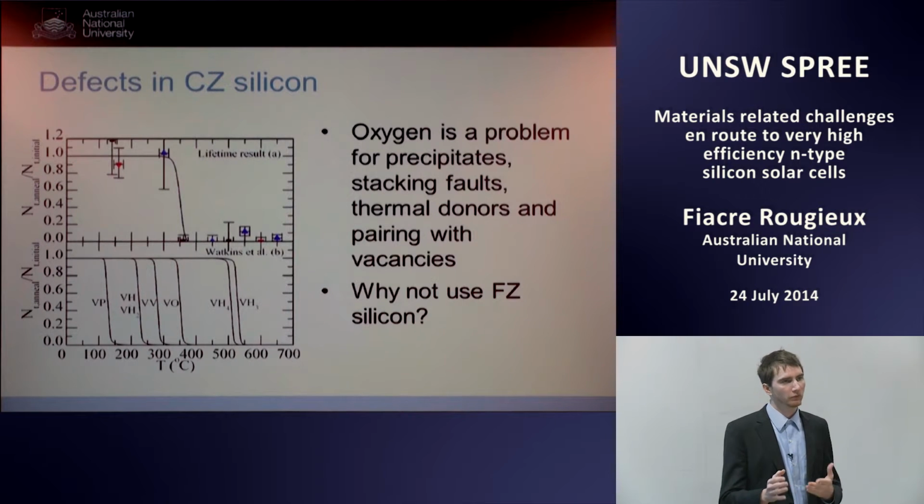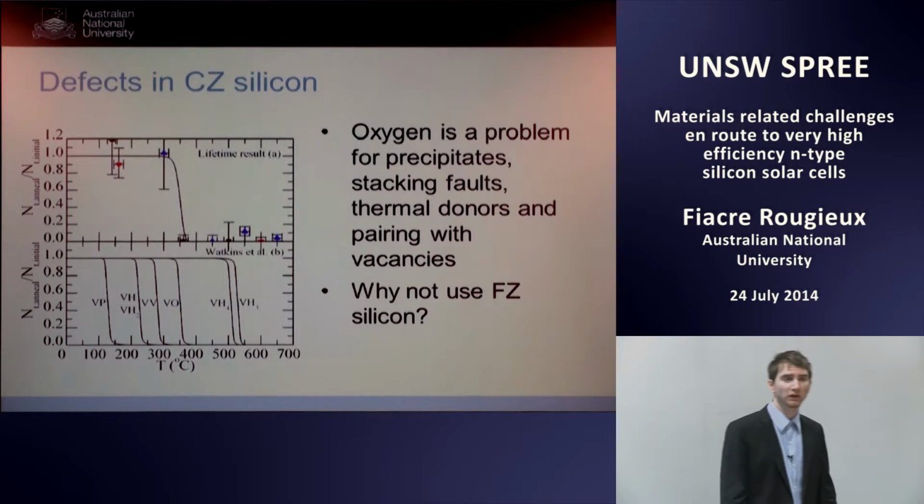So really, we're asking ourselves, maybe we want an oxygen-free growth method, and why not use float zone silicon? Of course, float zone is not so industry relevant at this stage because of ingot size and fabrication cost. But we can potentially think that for very high efficiency solar cells, there could be process simplification that enables the use of float zone silicon.